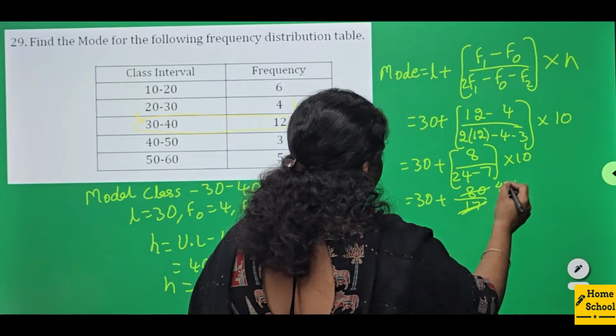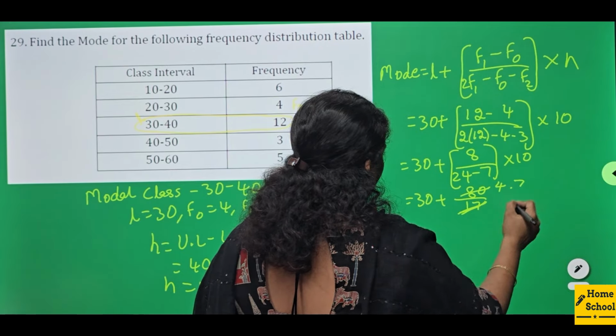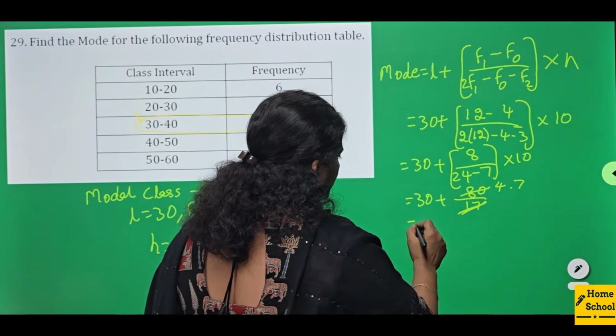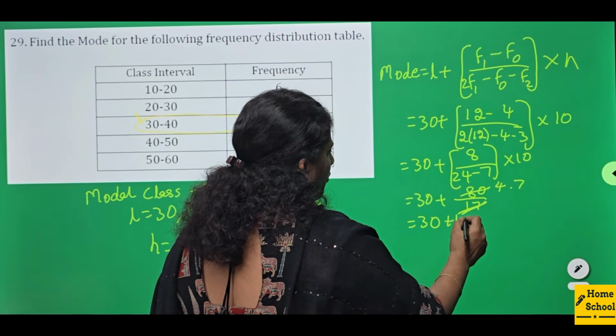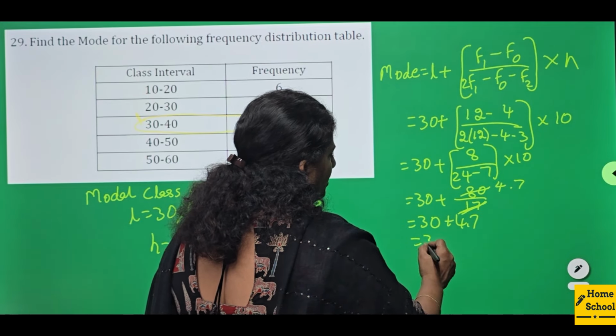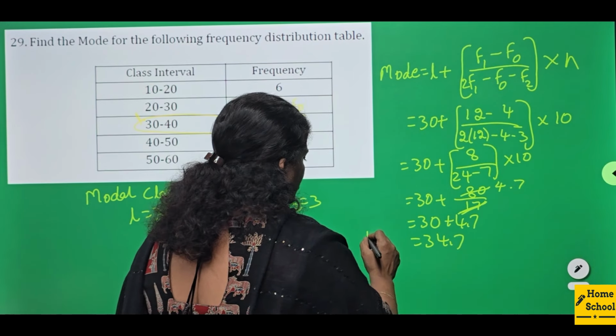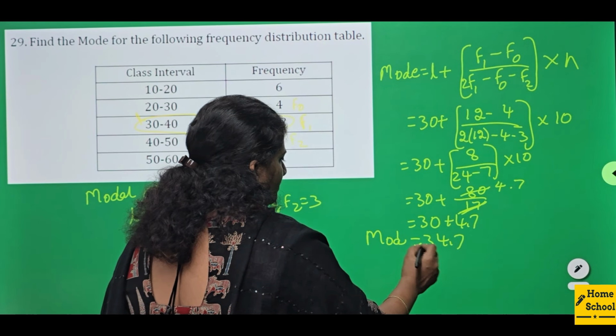Put a point. 17 7s are 119. So 30 plus 4.7, that will be 34.7 is the mode answer.